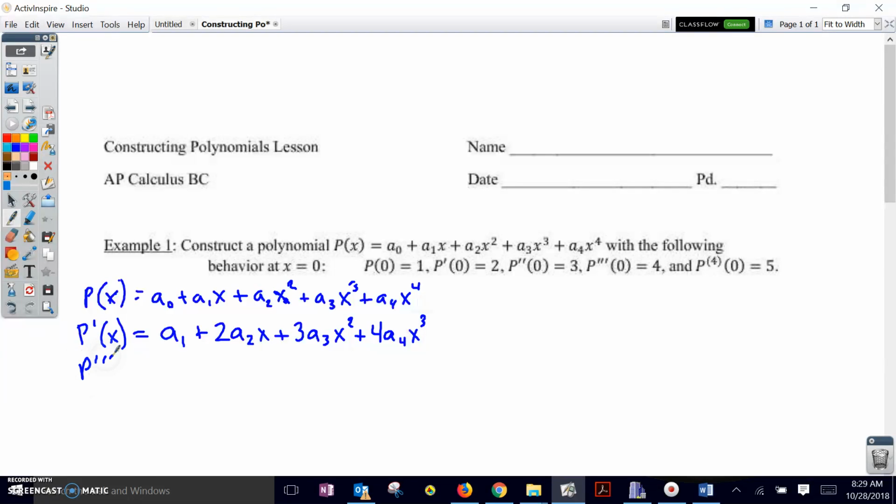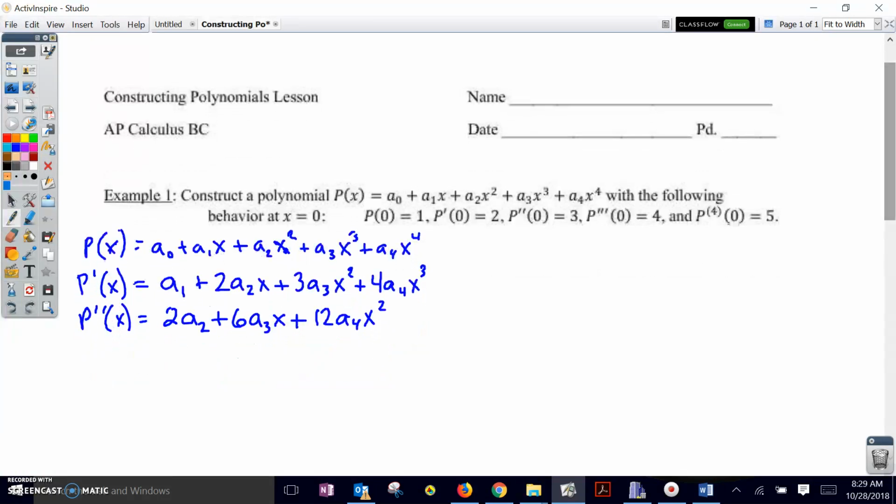And the second derivative of this polynomial is going to be 2a sub 2 plus 6a sub 3 x plus 12a sub 4 x squared.